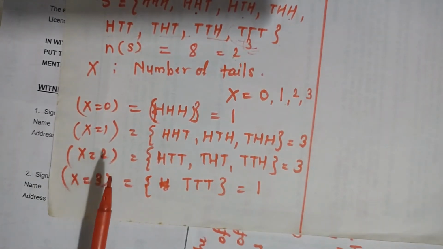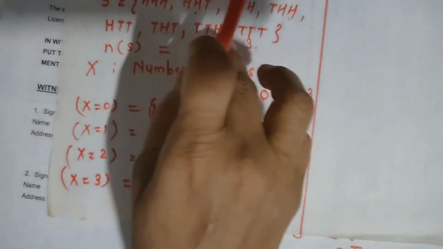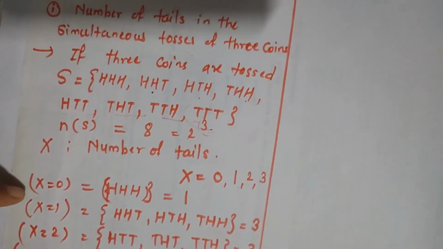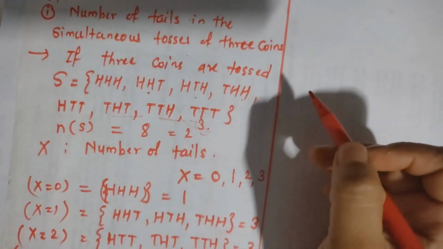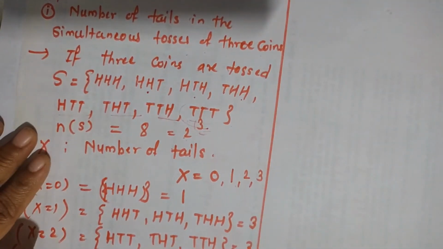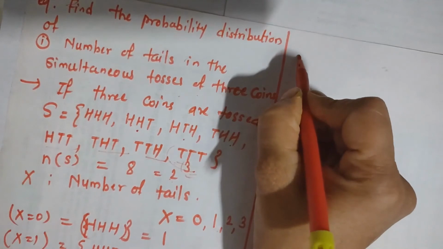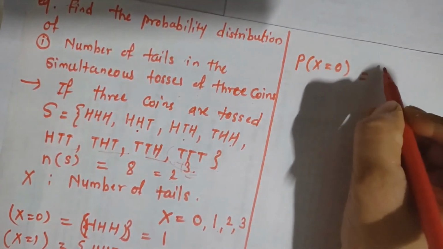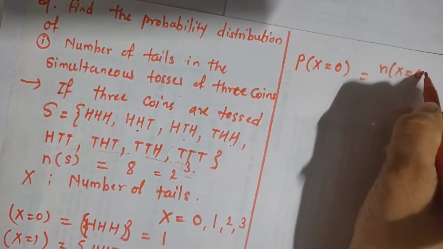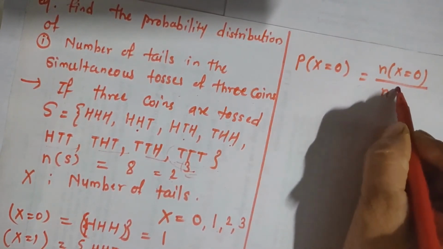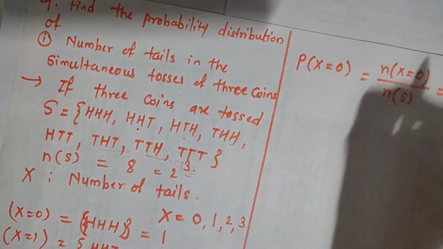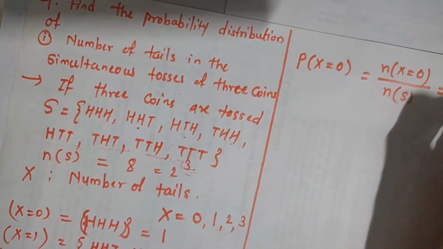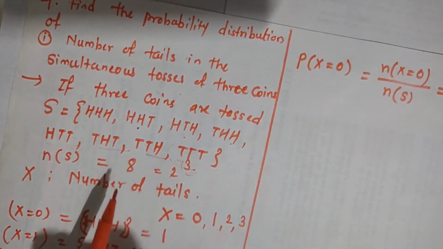Now here we have to find the probability distribution. So find the probability for each value of the random variable X. First, the probability of X equal to 0 is the number of X equal to 0 upon n(S). The number of X equal to 0 is 1, so 1 upon the total number of sample points, 8.